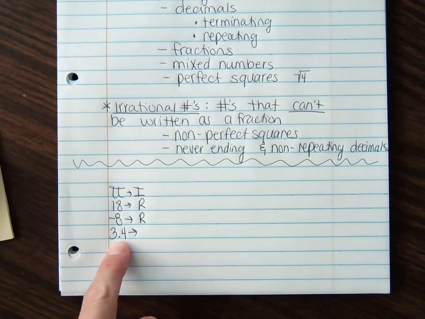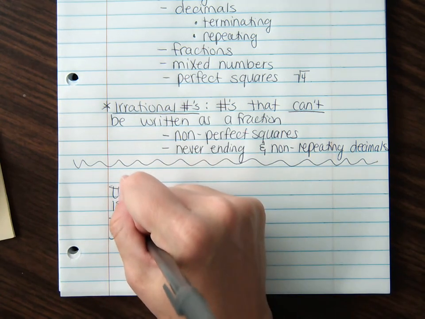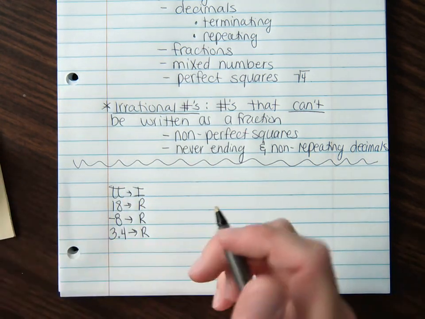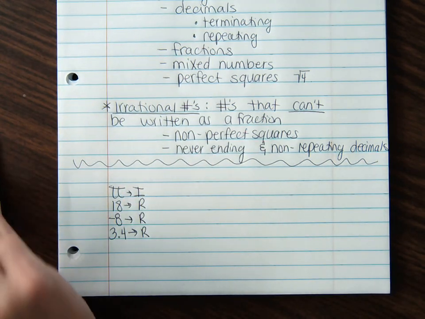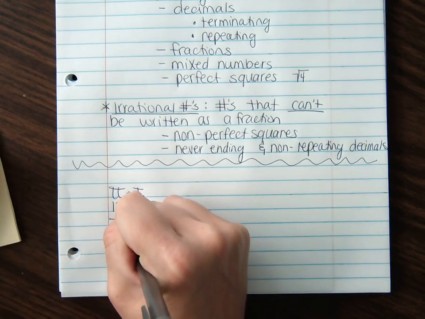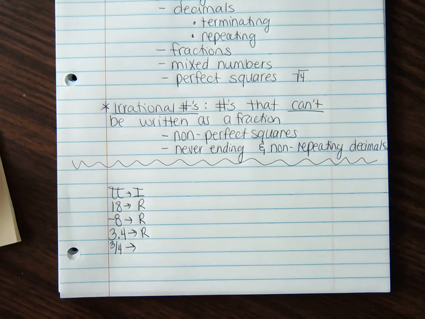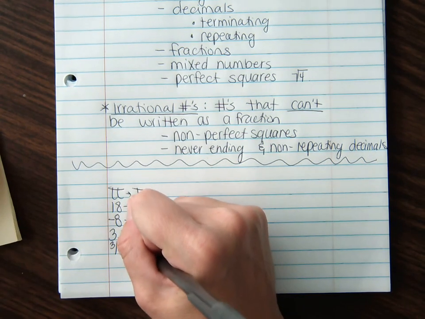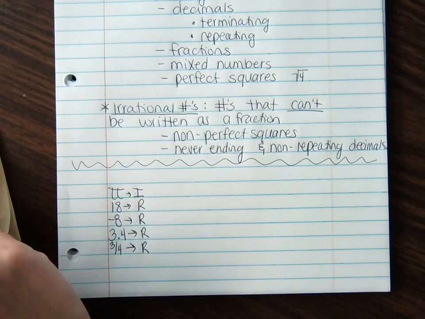This is a terminating decimal because it ends. A terminating decimal ends. And a terminating decimal is rational. 3/4. 3/4 is a fraction. And remember, the definition of a rational number is a number that can be written as a fraction. So 3/4 is rational.